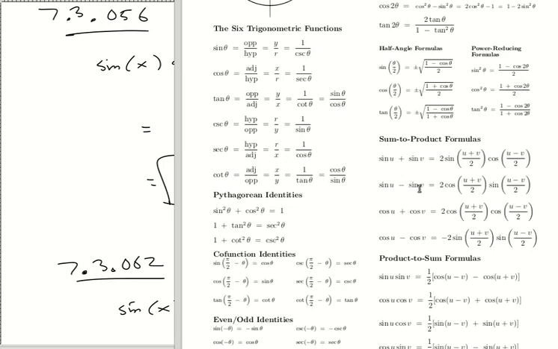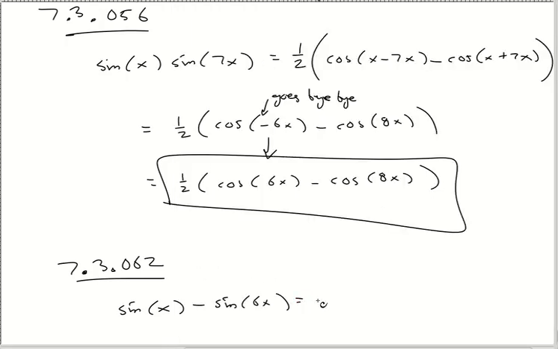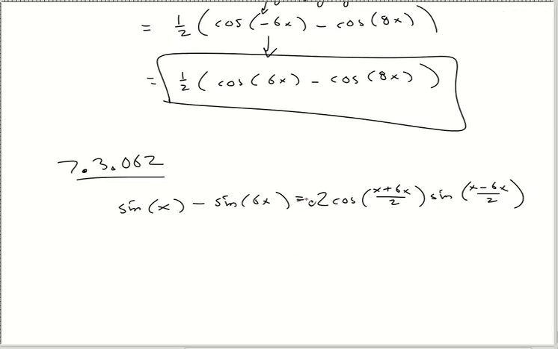Right here, sine minus sine. So I'm going to just copy paste that in, and this is how it's going to look. So 2 times the cosine of (x plus 6x) all over 2, and then times the sine of (x minus 6x) all over 2. It is just a copy paste there.